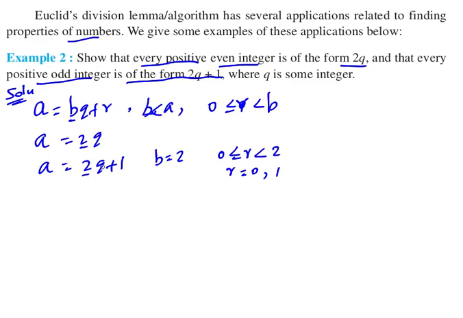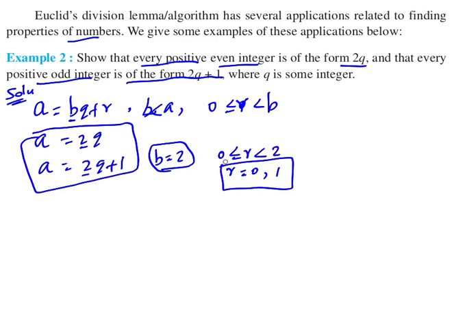According to Euclid's division lemma, we substitute the given value of b and the obtained values of r in the basic form of the equation, a equals bq plus r. So this b and r we will substitute here. b equals 2, so a equals 2q.